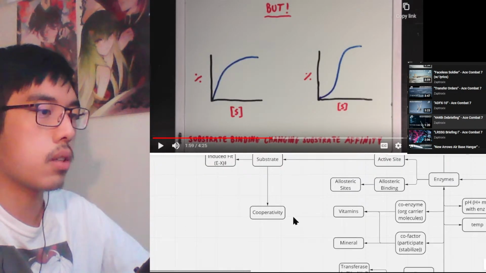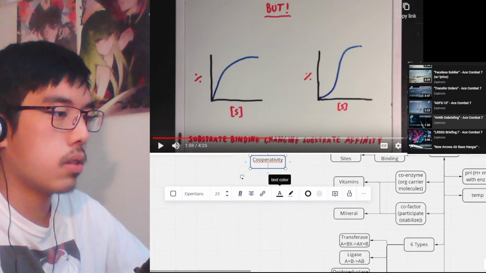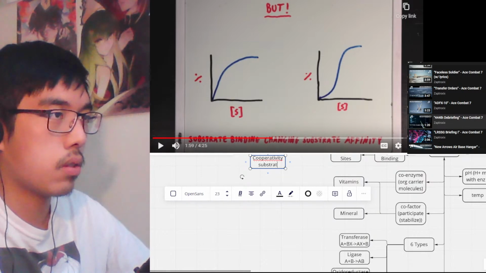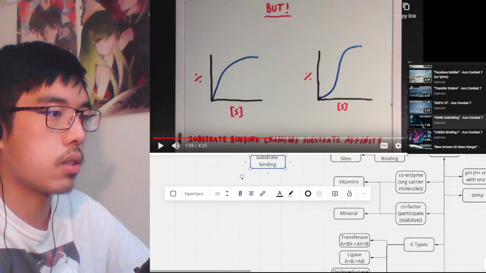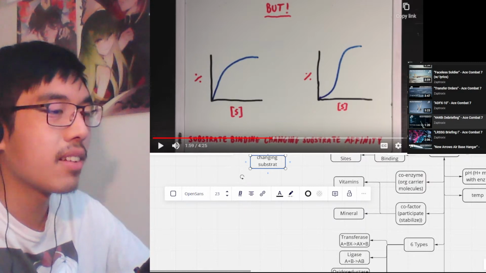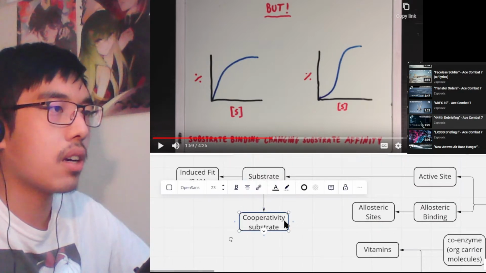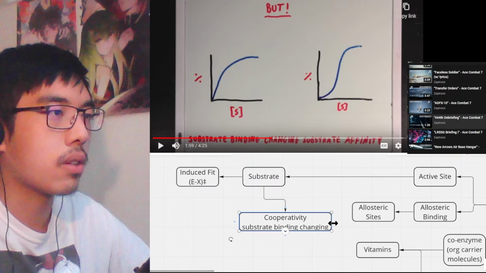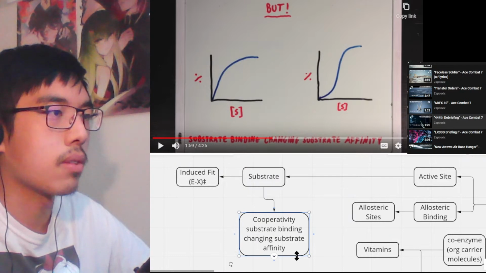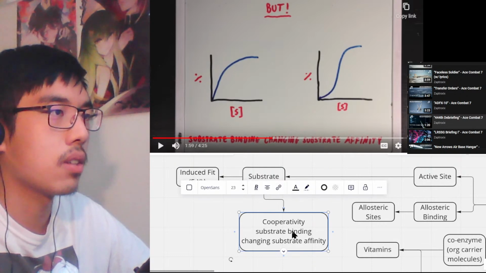Okay, and substrate binding changes substrate affinity. So that's kind of the definition that we're given here. Okay, I know that I said that I wasn't going to put down definitions. I'm totally putting down definitions. Mostly because you can have vocab terms stand on their own without definitions if they're surrounded by other vocab terms that make that relationship obvious. Cooperativity is just kind of on its own right now.